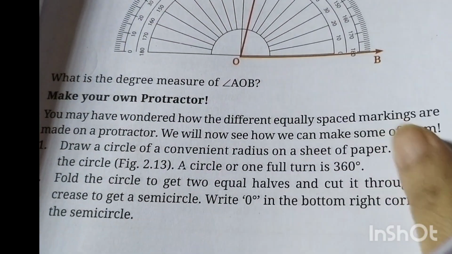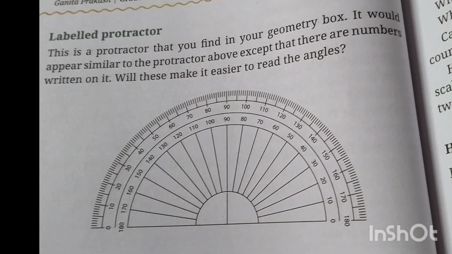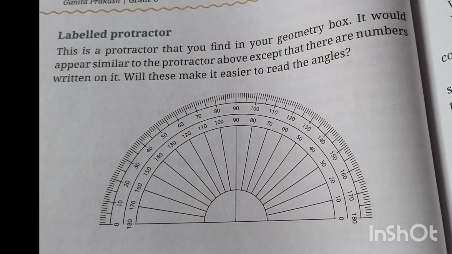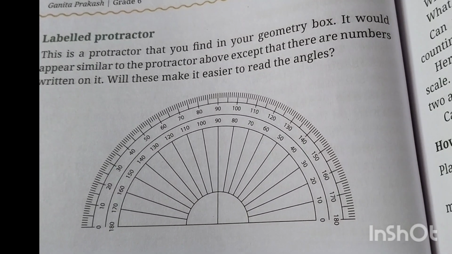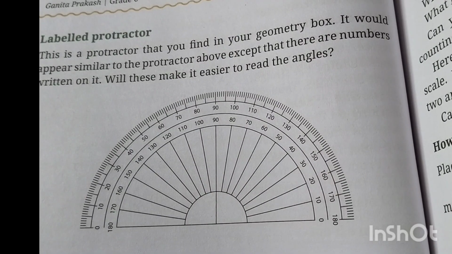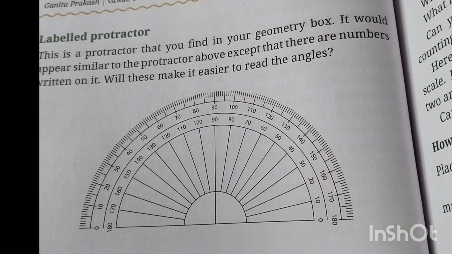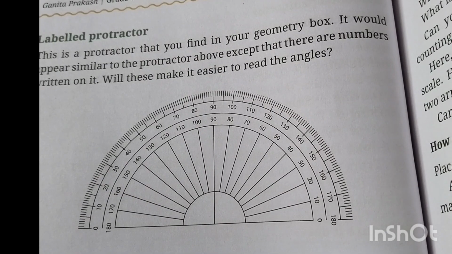Next question. This is a labeled protractor. Look carefully. There are two sets of numbers on the protractor, one increasing from right to left and the other increasing from left to right. Why does it include two sets of numbers?